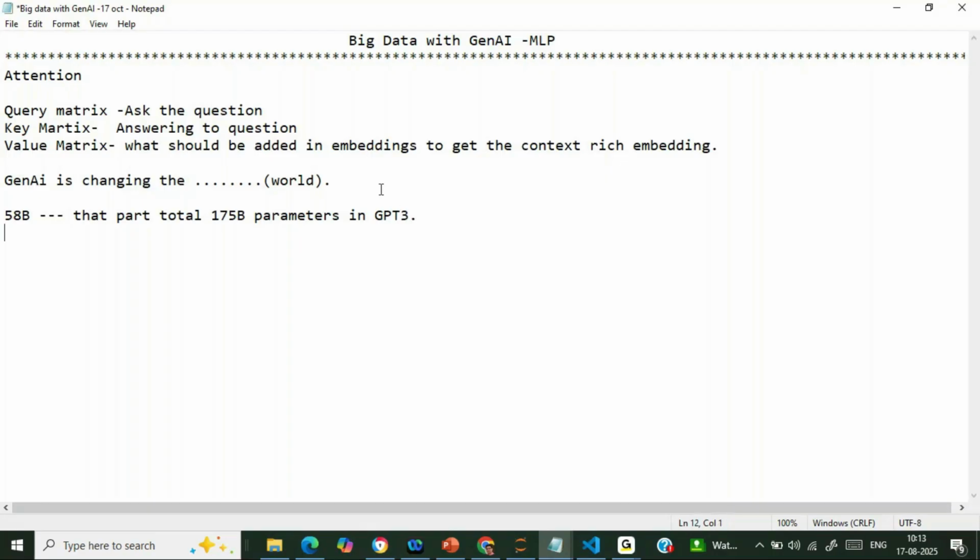We were talking about the GPT-3 model. Now that is perfectly fine. Things are moving in this particular way. We have a sentence, then the sentence is converted into tokens. Tokens are converted into token IDs, and then we have embeddings.